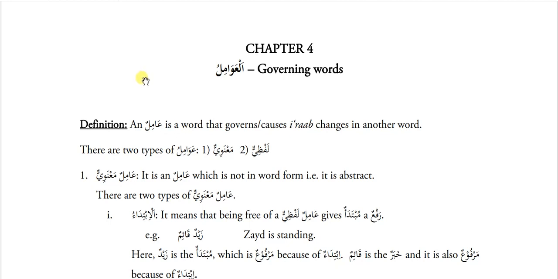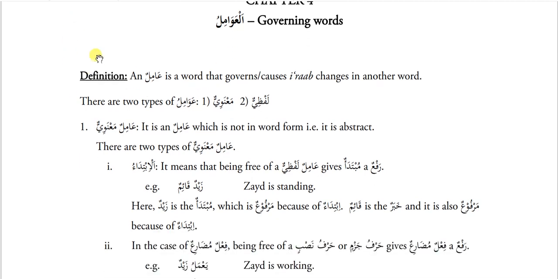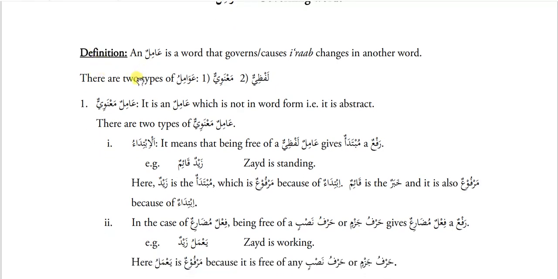So Amil are those types of words which are responsible for making changes in the i'rab of any word. Definition: an Amil is a word that governs and causes i'rab changes in another word.